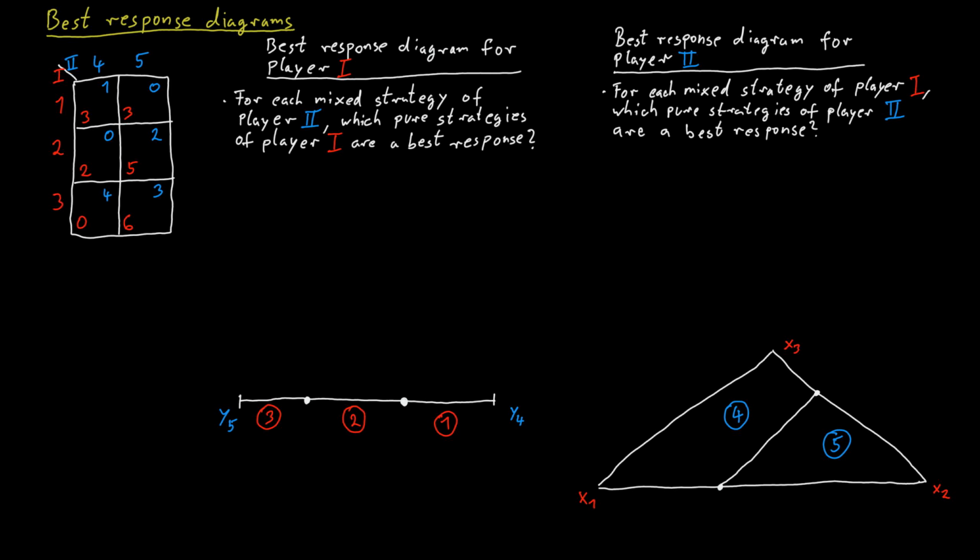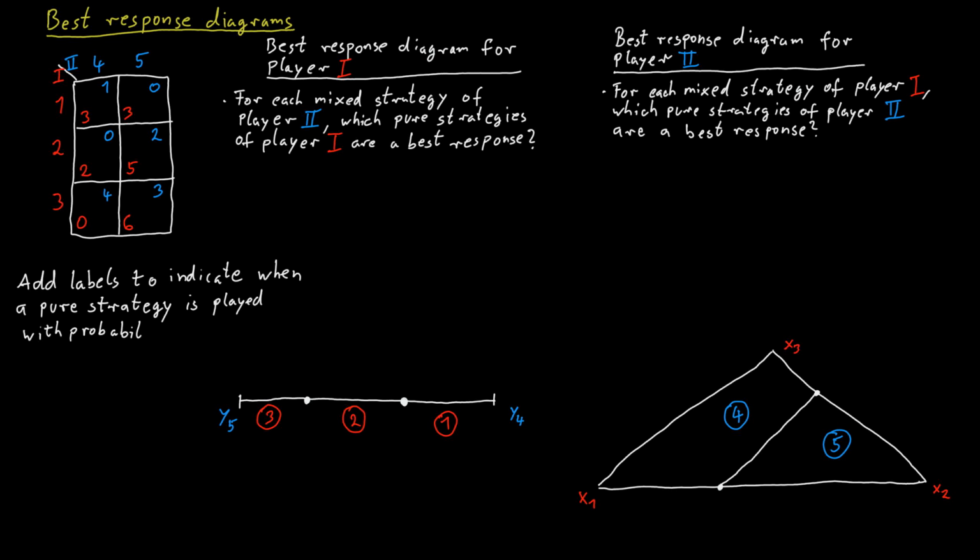And this is almost what a best response diagram is, but I will add some additional labels to these 2 best response diagrams now. And the reason for this will become clear in a minute. So we add labels to indicate that a pure strategy of a player is played with a probability of 0. Let's look at the left picture.